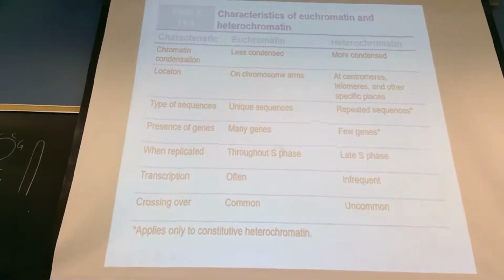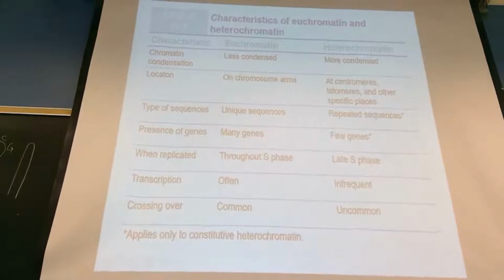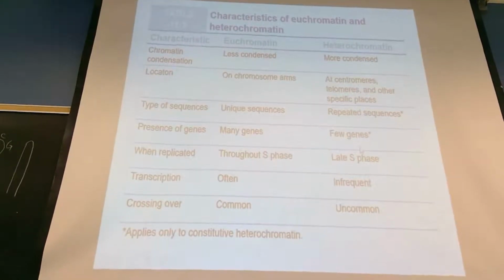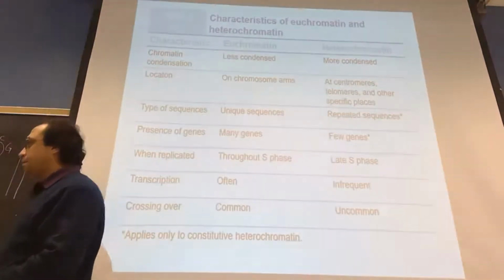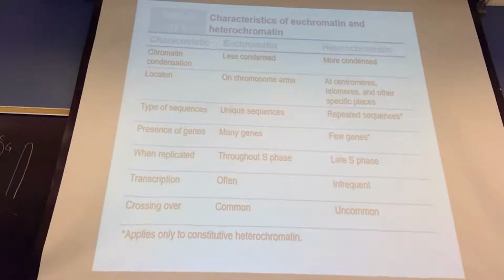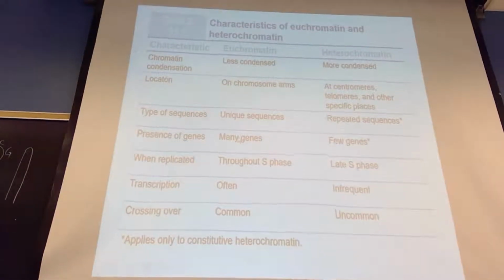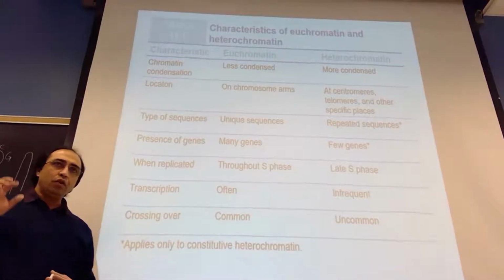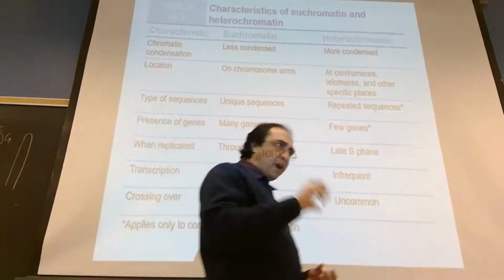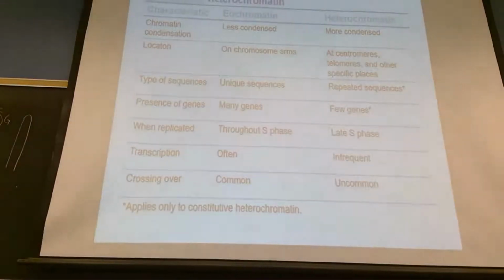Regarding presence of genes, euchromatin has most of the genes, and heterochromatin has very few genes. Either they could be transcribed or cannot be transcribed; they are just there. Replication happens in S phase, the replication phase of the whole DNA. The euchromatin part is replicated early, and the heterochromatinized part is replicated later in S phase.